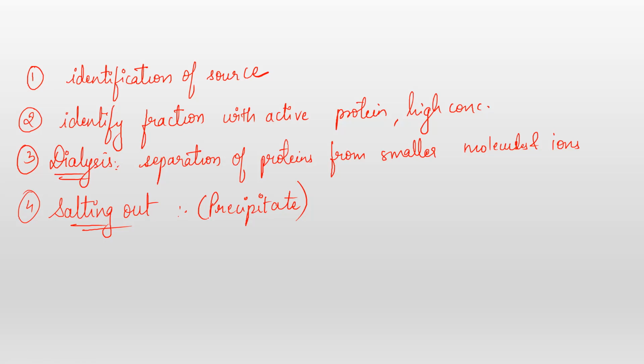First, very commonly used is salting out. This is a very common step. It is used to isolate proteins. You can use dialysis if you're working on smaller samples. But if you have bulk from which you are going to isolate your protein, there is precipitation that you must do, and this is a very common step. Usually the salt used is ammonium sulfate.